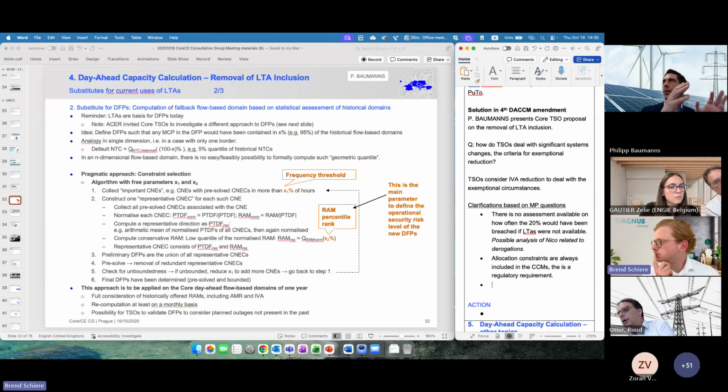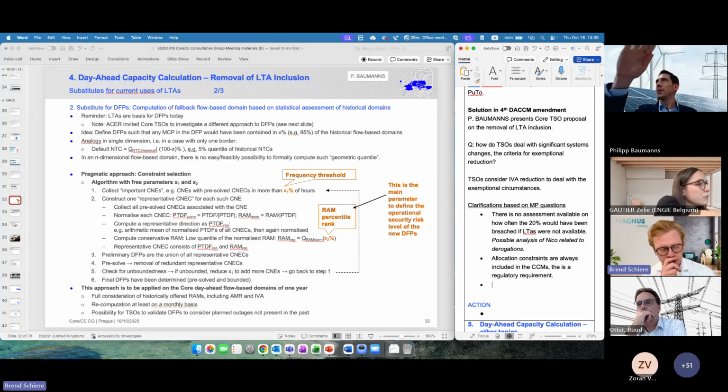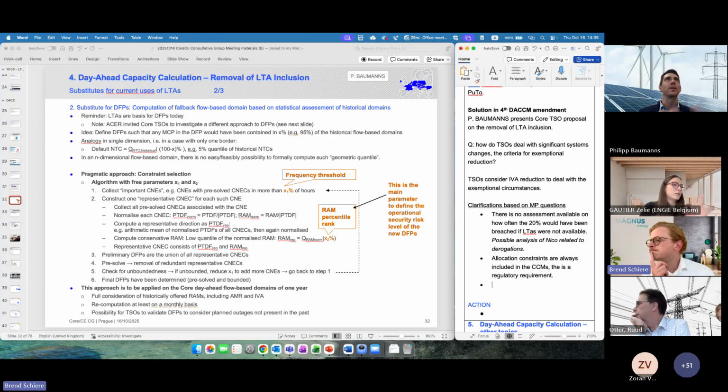By doing this approach, one good aspect is that you can really do this straightforwardly for all constraints, even external constraints. They are pre-solved all the time. You could just include them automatically, so that will work the same way. Or the equality constraint for core, for example, is obviously pre-solved in all hours, so it will be constrained in the DFPs automatically.